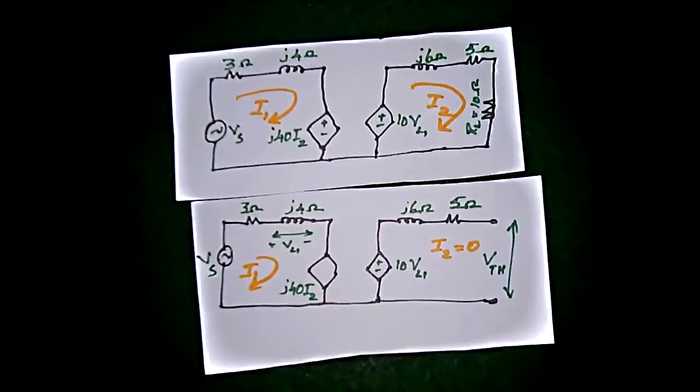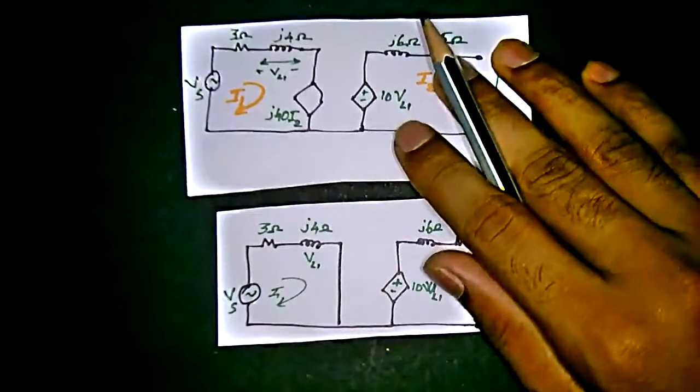Since the I2 value is 0, this terminal gets shorted, and the circuit becomes like this.